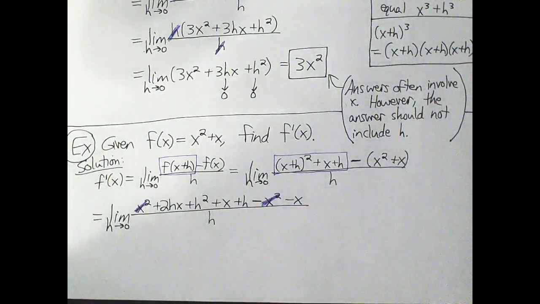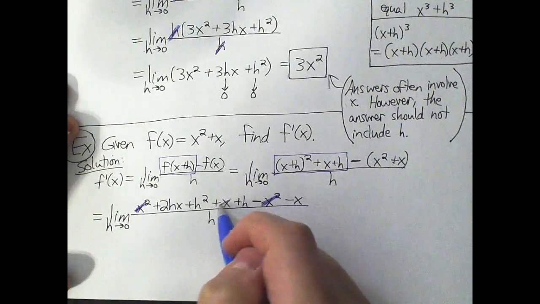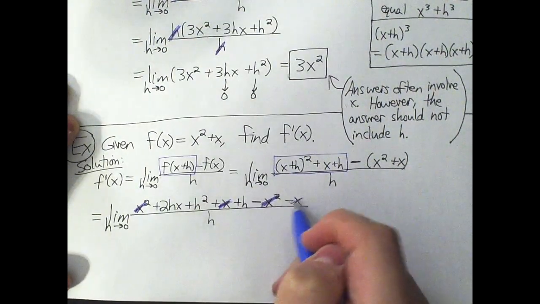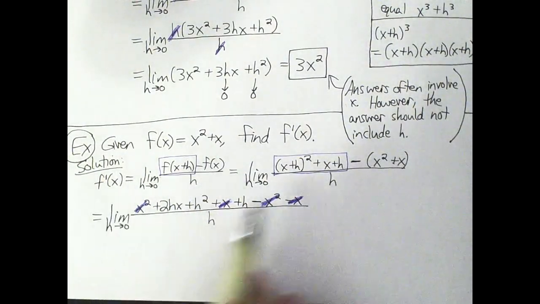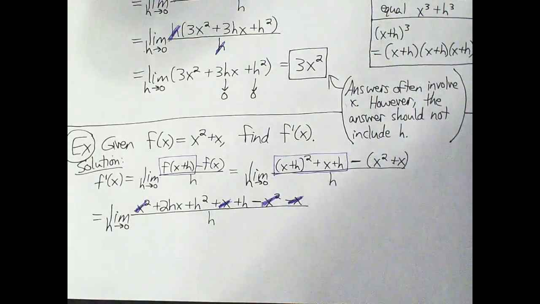That's generally how these problems work: you get to here and you start finding things. Look, plus x, minus x. You find things that you can cancel. If roughly half of the numerator is canceling, that's a good sign that you're probably on the right track.